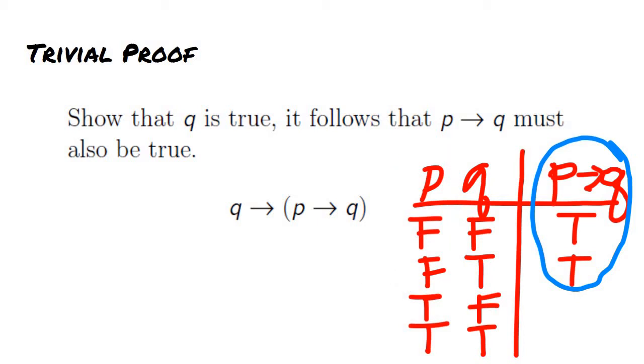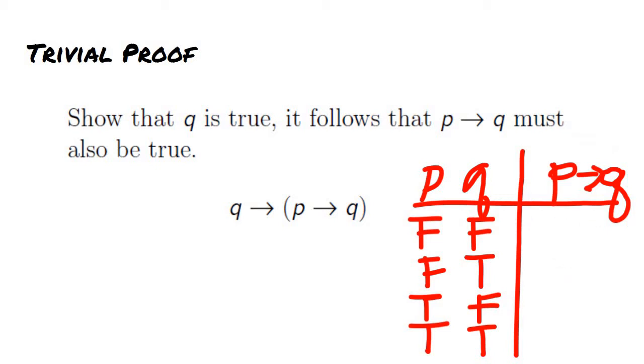If you check the truth table again, if you have an input which is a Q which is true, and another Q which is true, we are assured of the output to be true.